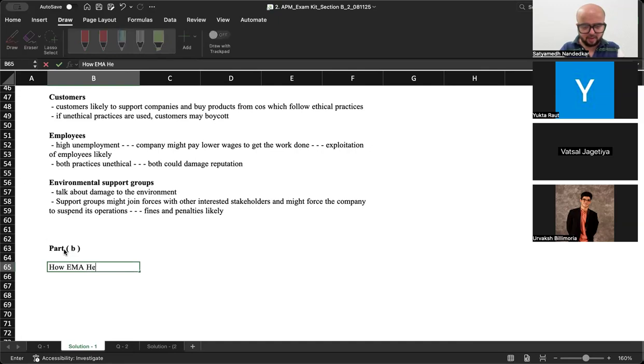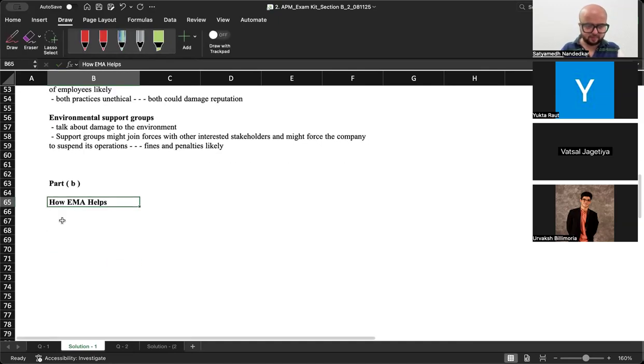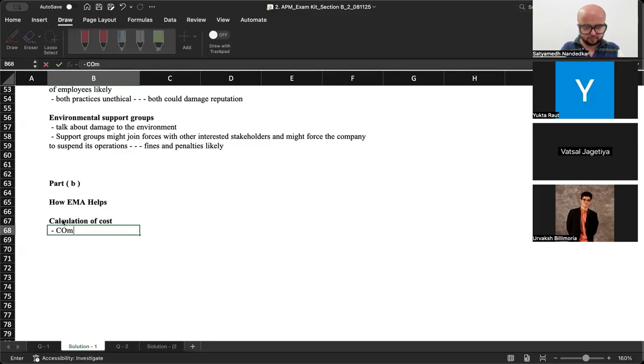So part B, how EMA helps. Calculation of cost. Company is listed, needs to produce a CSR report, and detailed cost calculation and disclosure will be a necessity.